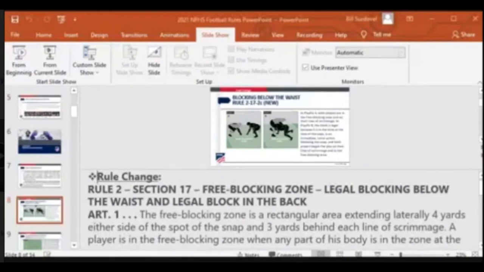So let me just do the sportsmanship stuff, or the points of emphasis. Sportsmanship has been a big deal, and we all know that. What they are going to emphasize this year is things maybe not on the field, things that you can't handle because you have other things to worry about.